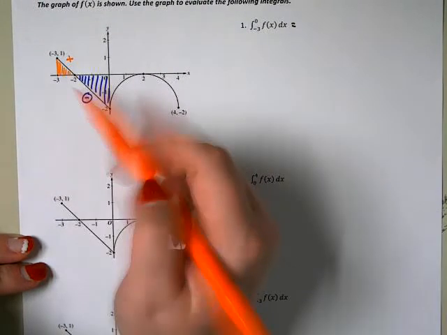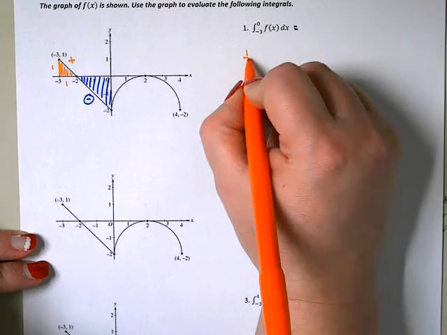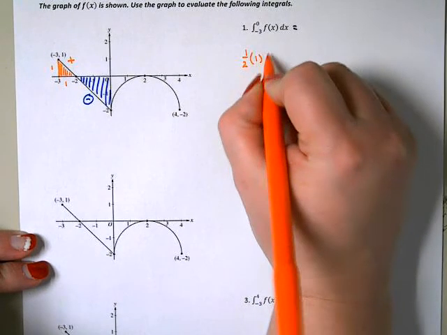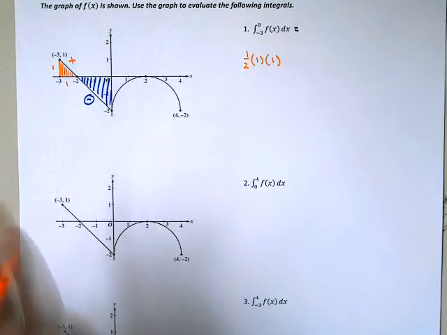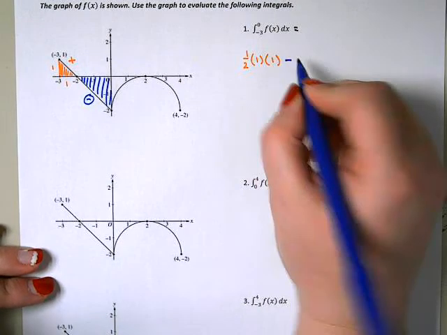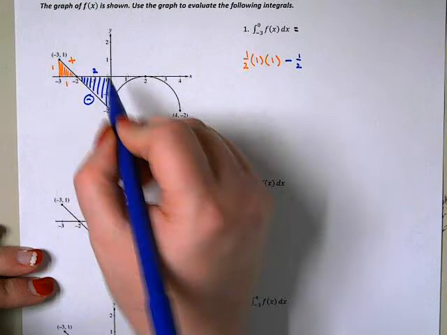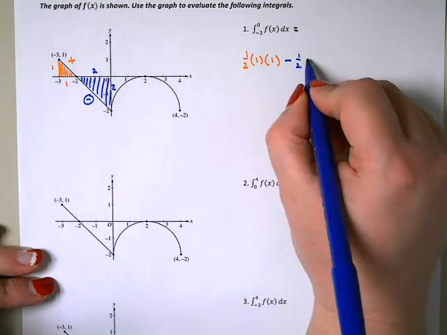So this orange triangle has a height and a base of 1. So that would be 1/2 base times height. And then because the blue one is negative, I'm actually just going to go ahead and subtract it. But that's also 1/2, the base is 2, and the height is 2.